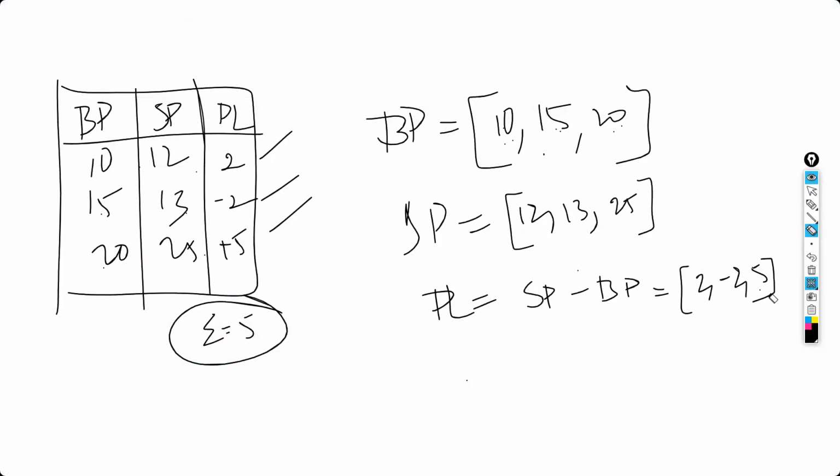How to get them? For i in PL, if the i value is less than 0, it is called loss. Whichever value is greater than 0 is called profit. You just write the code and analyze the data: how many items are profit, how many items are loss. Like this, we are going to write the code.